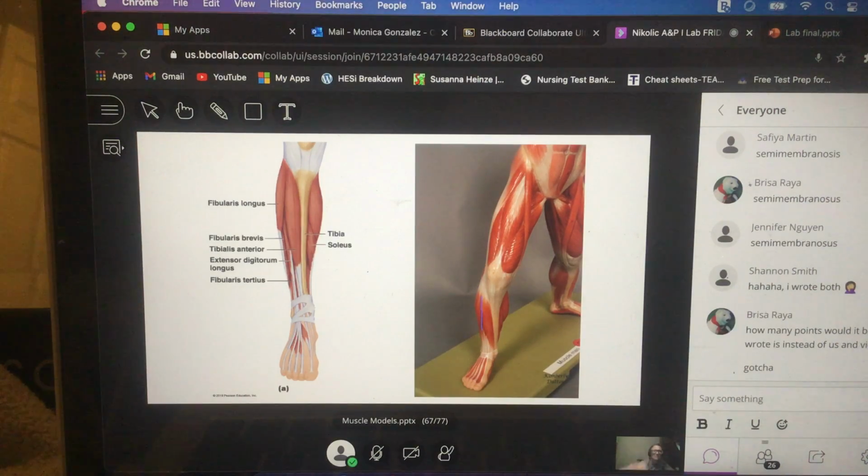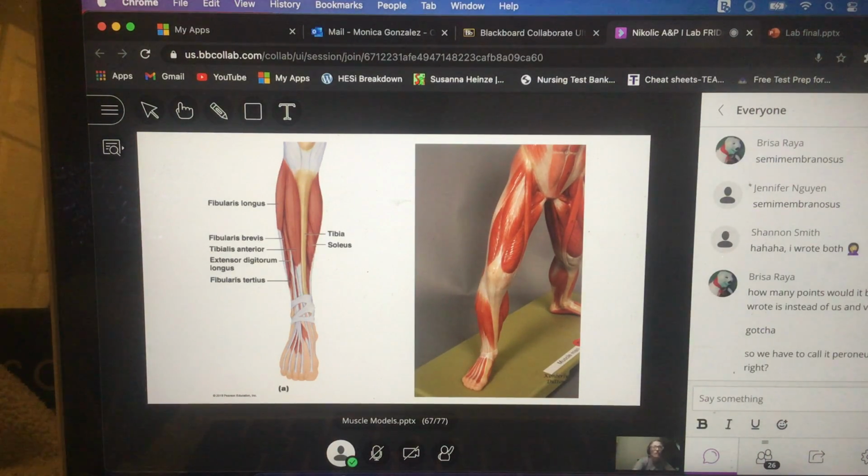You can't really see the long, I mean, let's see. Yeah, I guess technically this would be it. Right here. That's called the fibularis longus. The brevis would be down a little bit. This is not a good image for this, but they do ask for the fibularis longus.